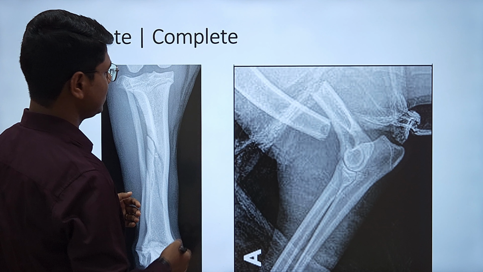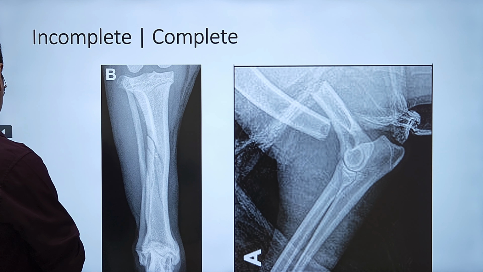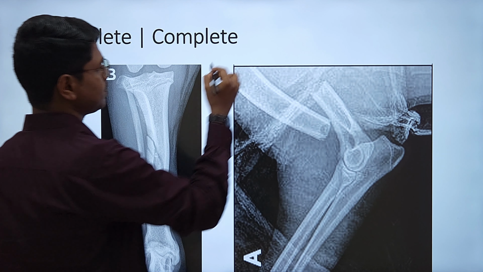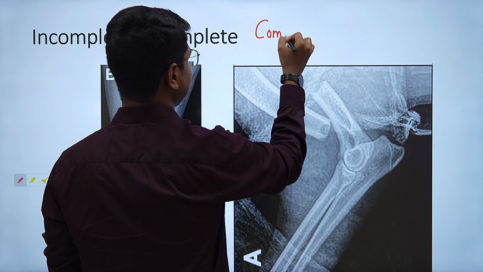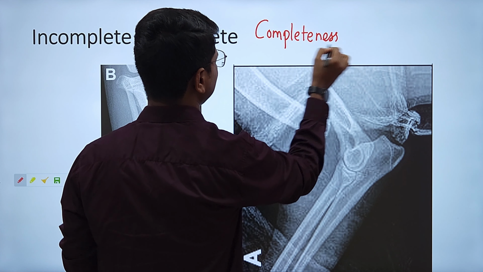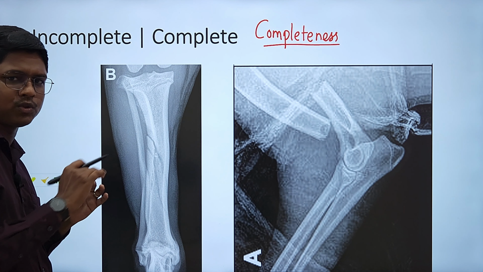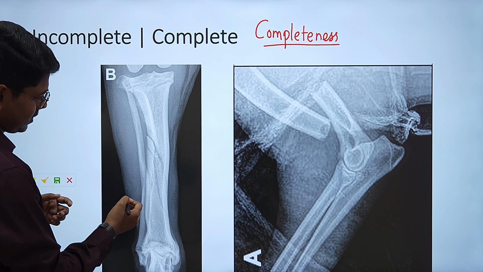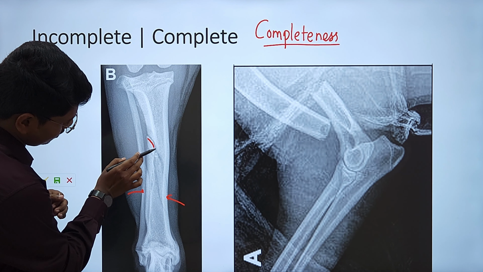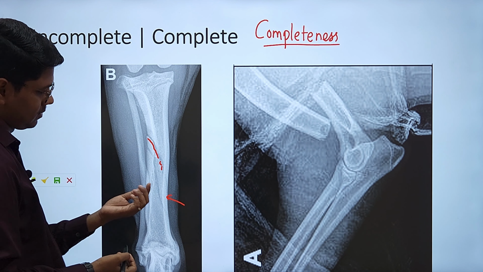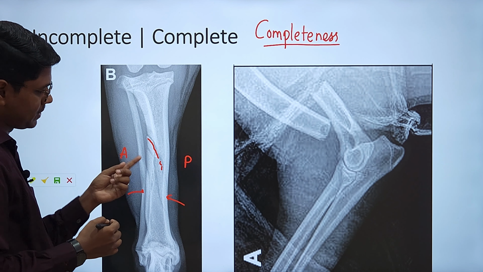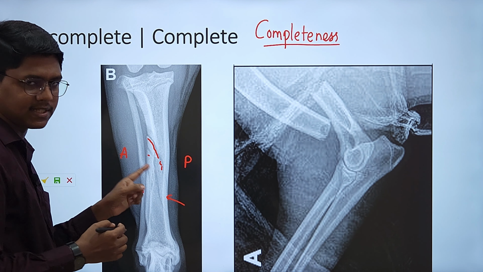On the basis of fracture line, in terms of further subclassification, in terms of completeness, or simply you can say whether the fracture line crosses both cortices in the view. Here is one cortex, another cortex here. Here you can see the fracture line goes through the anterior surface, but the posterior surface cortex is fine.